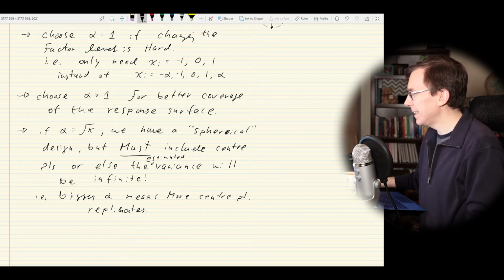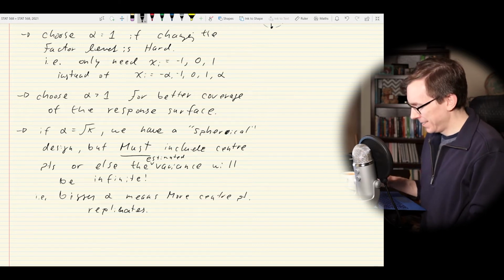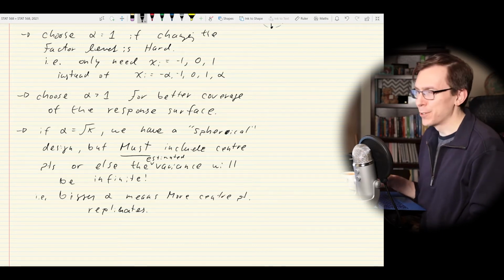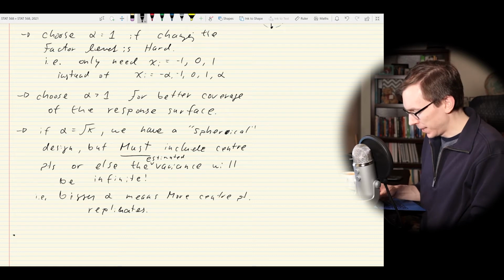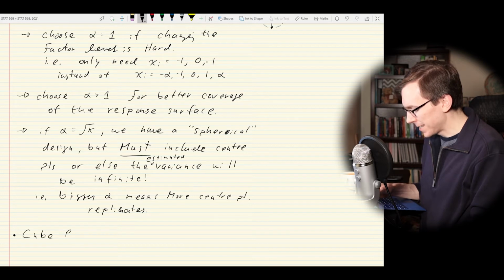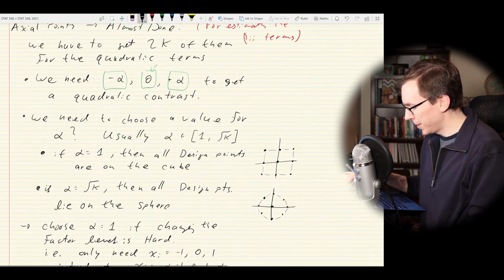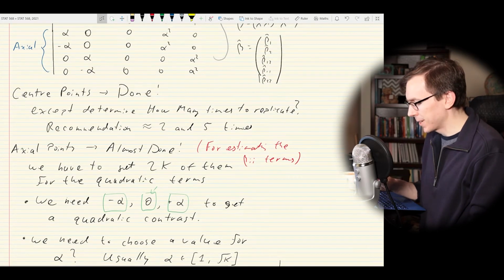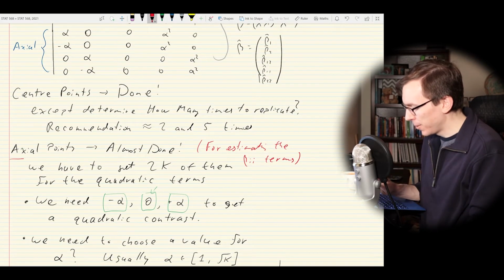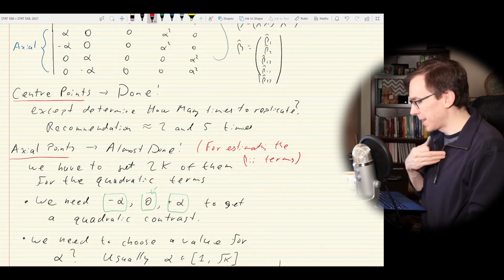Now, one of the key things is figuring out how to choose the cube points, because if you recall from above, before we went into this long discussion on axial points, the center points, well, that's easy. We just replicate them a few times, we're done.